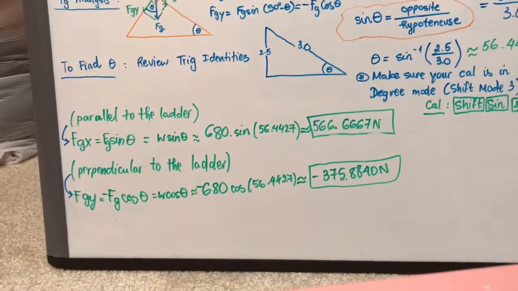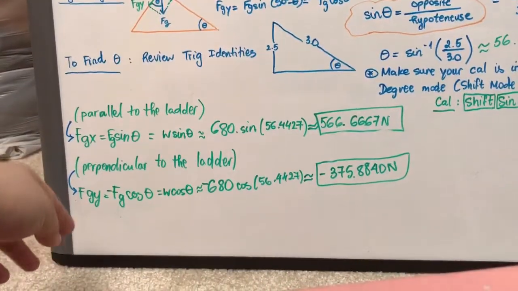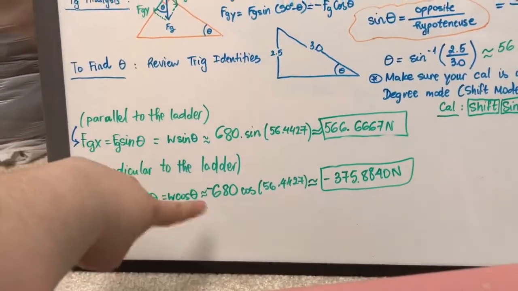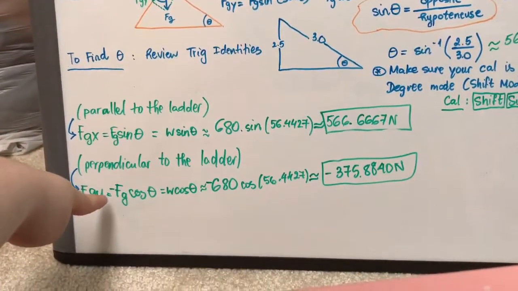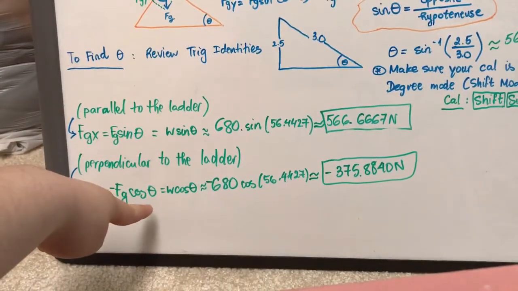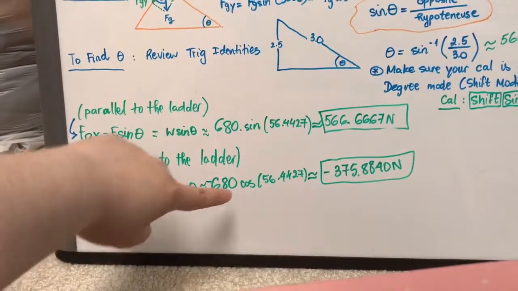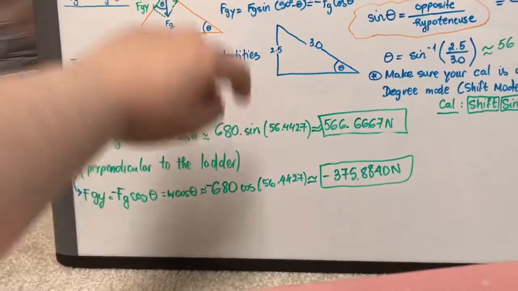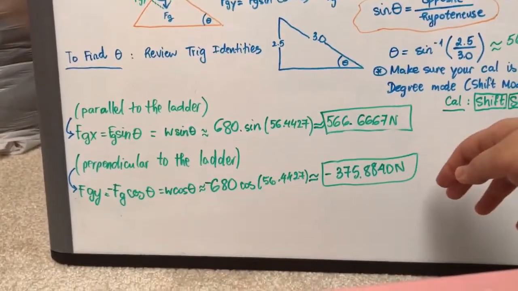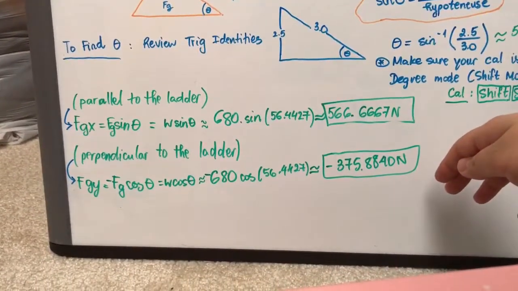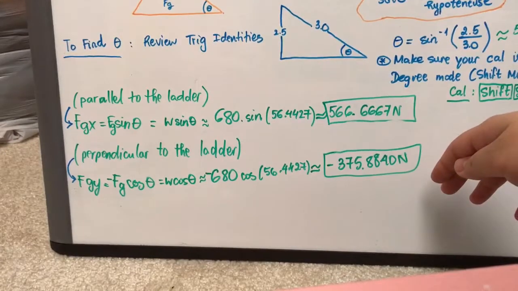We do the same for the component perpendicular to the ladder, which is Fgy equals negative Fg cosine theta, equal to negative 680 multiplied by cosine of theta, and the answer is approximately negative 375.8840 Newton.